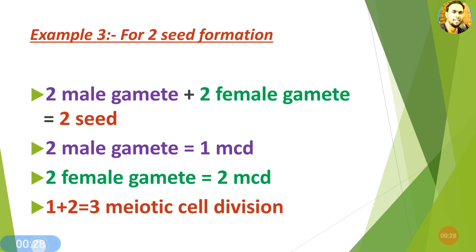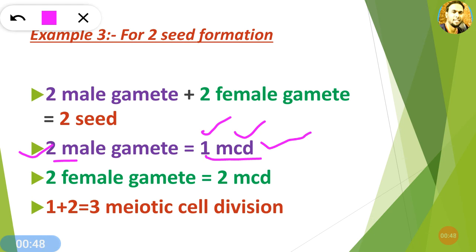We need here 2 male gametes, and for 2 male gametes, as you know now, there is a requirement of 1 meiotic cell division, because up to 1 to 4 only 1 meiotic cell division is needed. So 2 male gametes will be produced by 1 meiotic cell division.